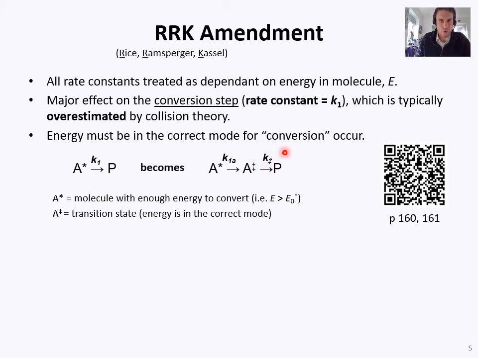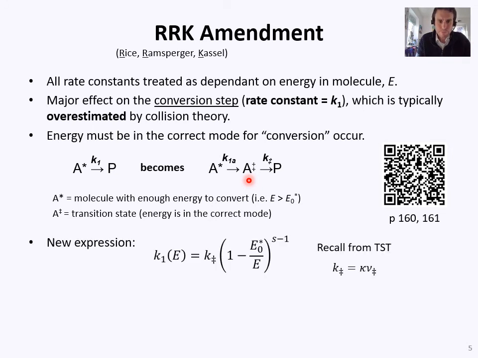And we met that already in transition state theory, didn't we? This is essentially the same as the vibrational frequency of the bond that's changing, maybe the bond that's breaking.